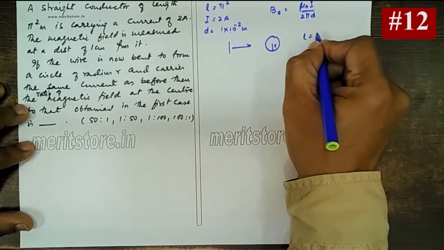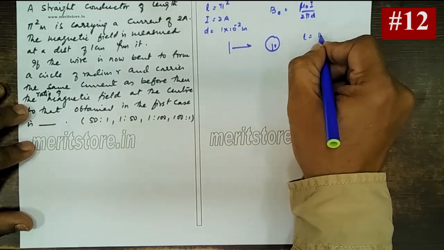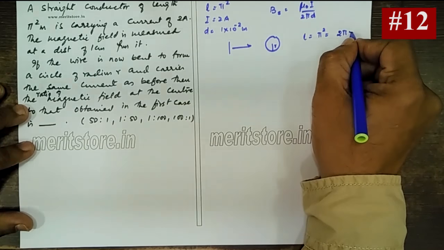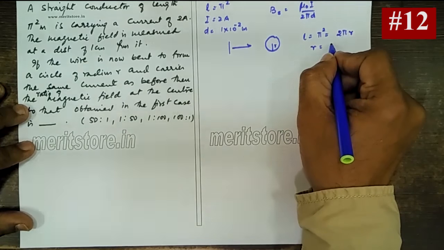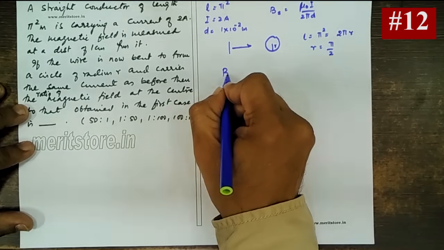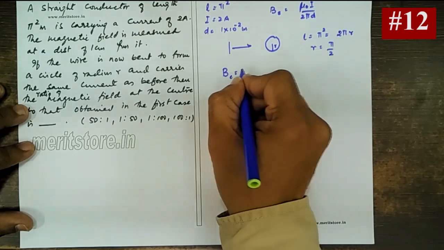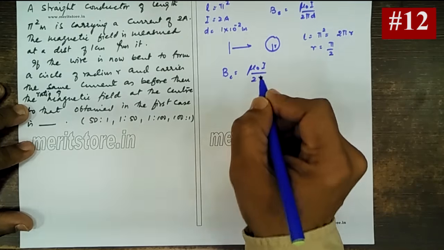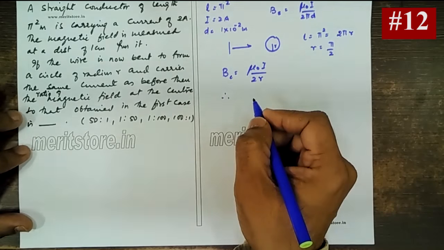So length pi squared is equal to circumference, that is 2 pi r. So r is equal to pi by 2. Now magnetic field at the center of the circular coil is given by B is equal to mu 0 I upon 2r.